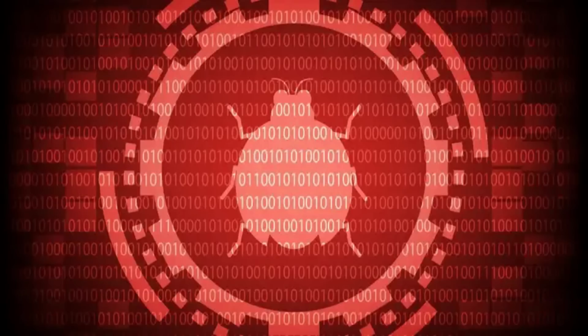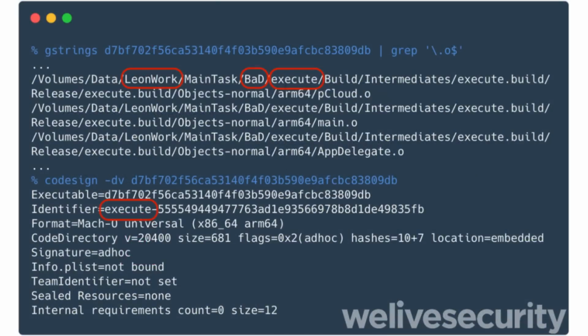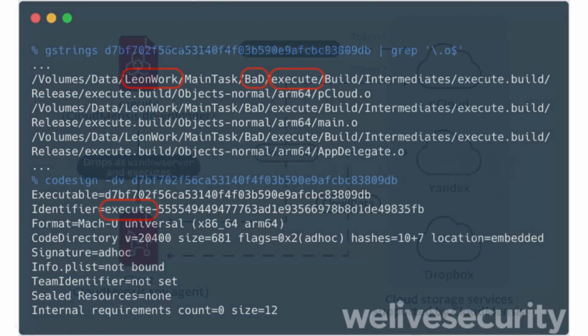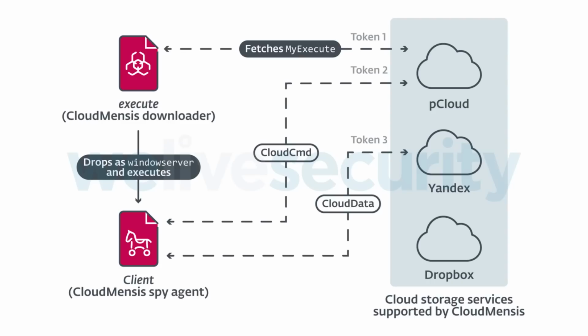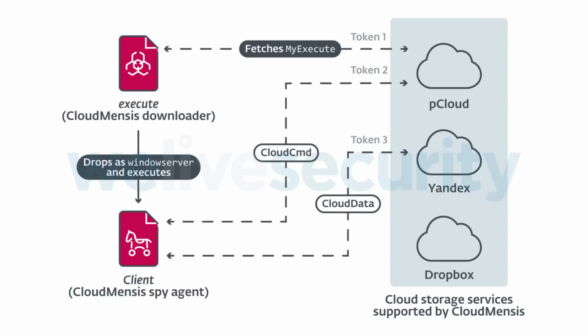So when the malware is executed on a victim's machine, the initial payload that runs, which the malware authors probably called Execute based on the samples examined here, has a pretty small footprint, likely so that it can avoid detection, so that things like antivirus programs won't pick it up. And all that the initial payload really does is escalate privileges to root access, which I know isn't all it does, but it's necessary for it to gain root access for the rest of the malware to do its thing.